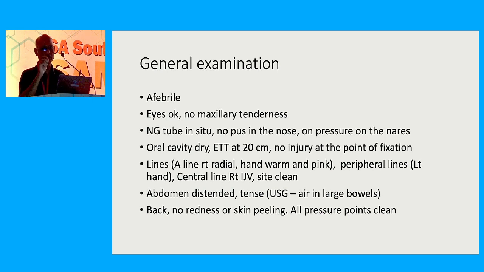Because sometimes when you fix it in such a manner, there can be some necrosis happening there. Abdomen is distended, tense, there's some air in the large bowel. Back, no skin tenderness, peeling, there's no redness, all pressure points are clean.